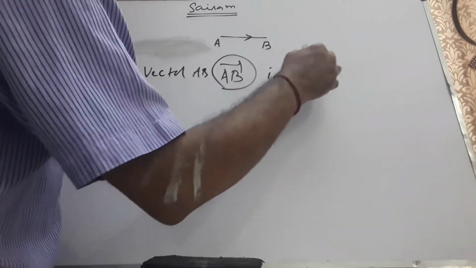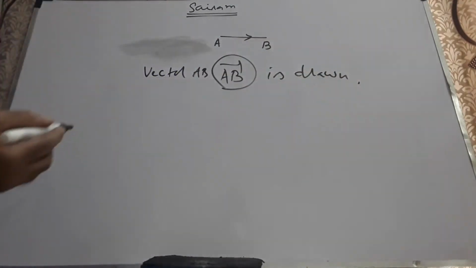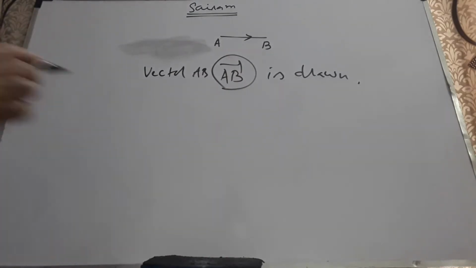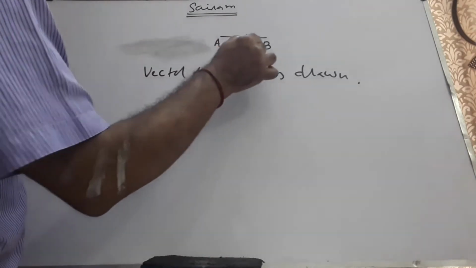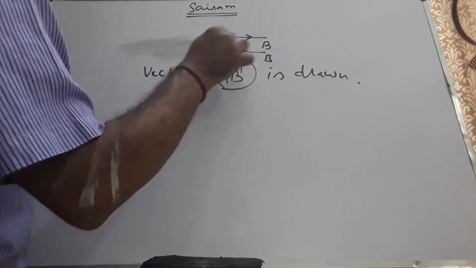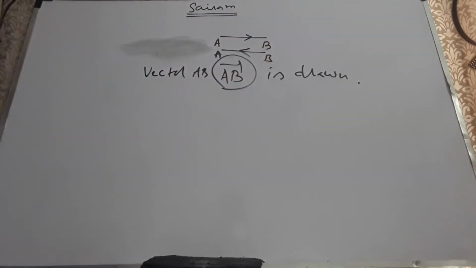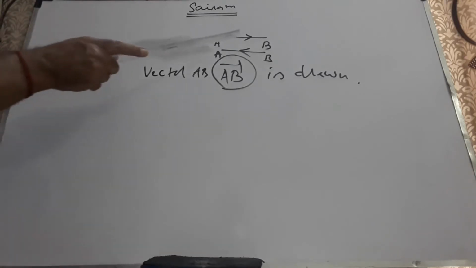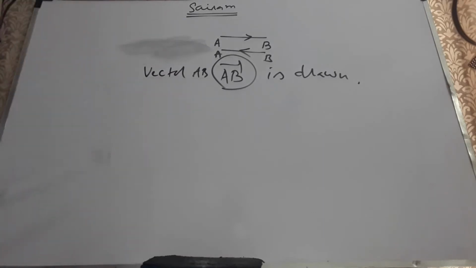On the other hand, if I start from B and end with A, I mean to say vector BA is drawn. I repeat, a simple line segment AB is the same as segment BA.